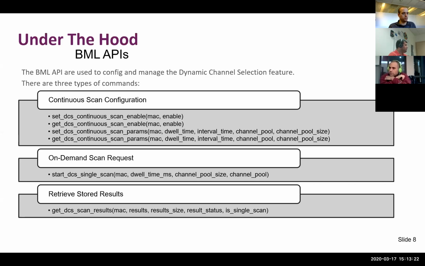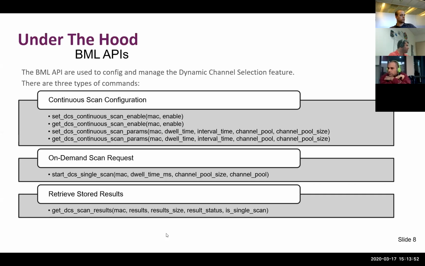So any configuration of the DCS is per band. For the single scan, in the command you provide the parameters using the start DCS single scan API. And if you wish to retrieve the results orthogonally to the scan itself, you can get DCS scan results.